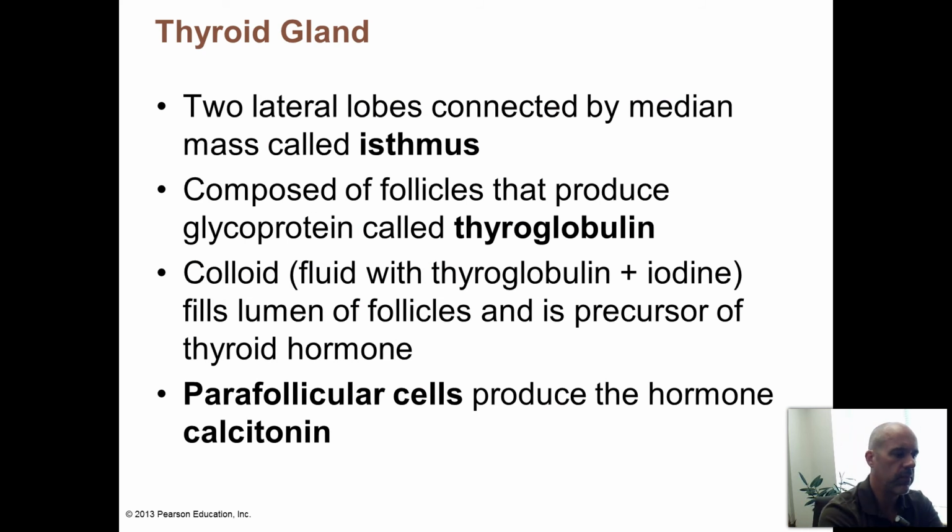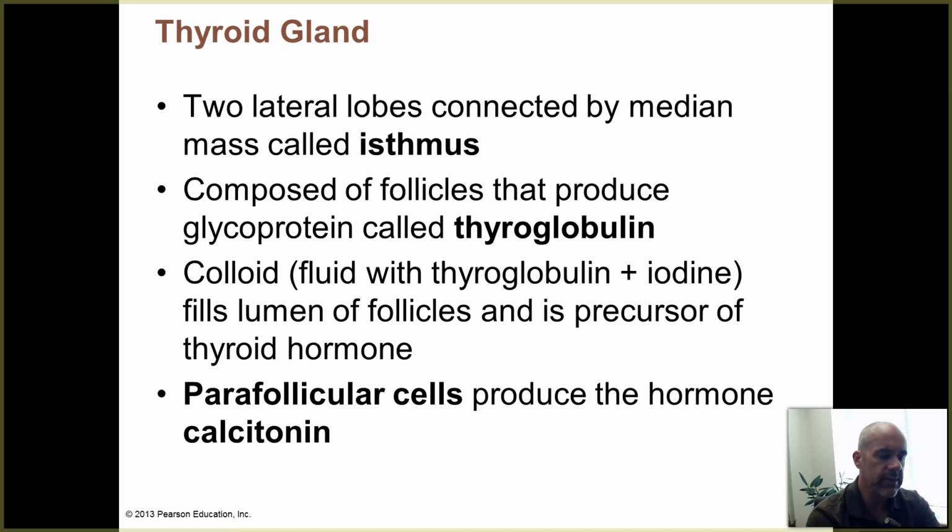Okay. Now, one of the things that we're going to see here is that the follicle, as I said, has a jelly-like substance on the inside, and that's referred to as colloid. And colloid is kind of like Jell-O, has a lot of water in it, but then it also has a lot of glycoprotein.